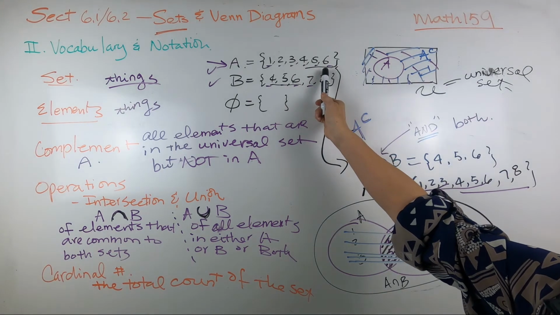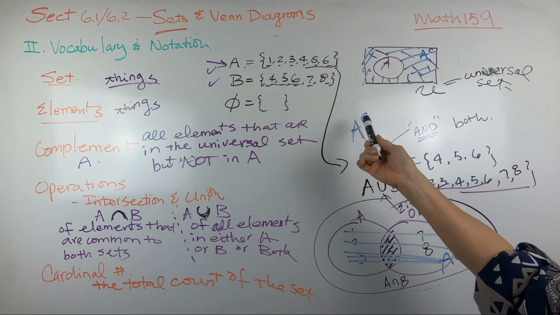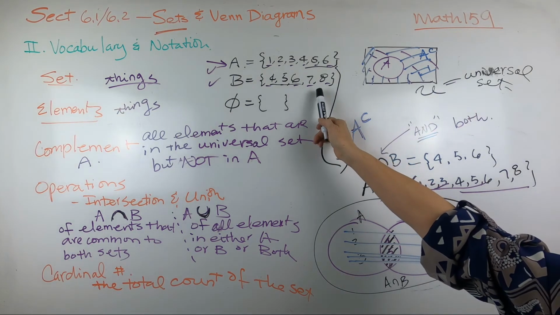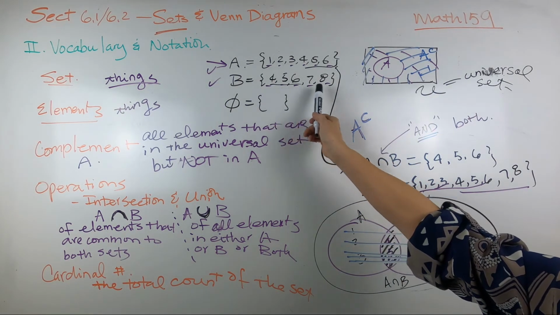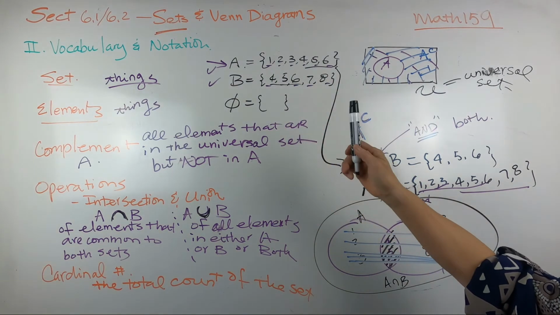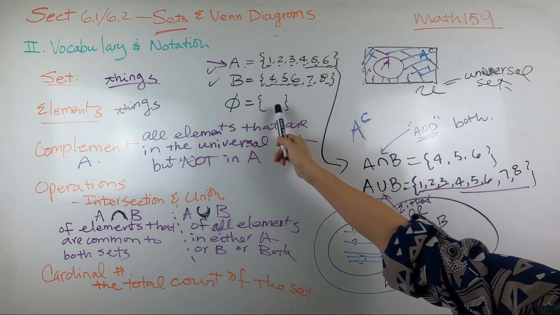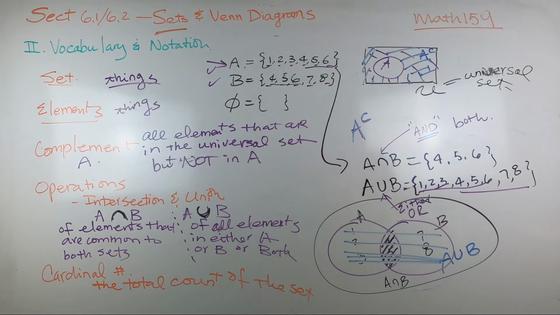That would be 6, right? That's just your counting number. What's the cardinal number for set B? That would be 5. What's the cardinal number for the empty set? That would be 0, right?